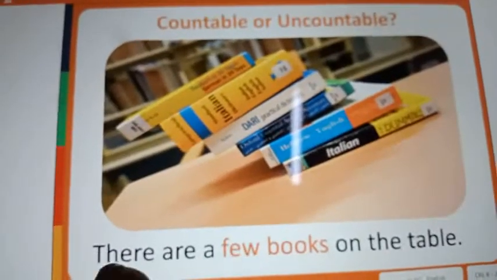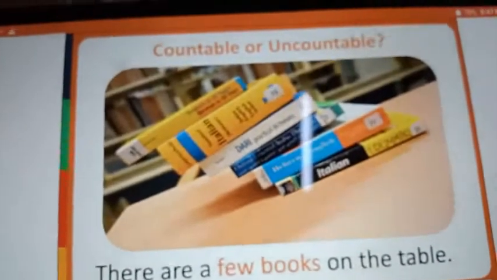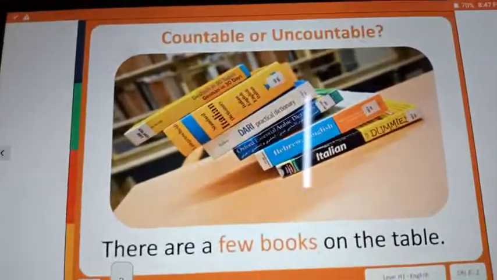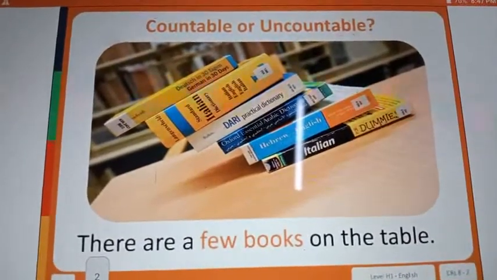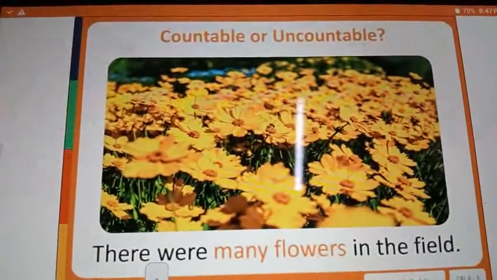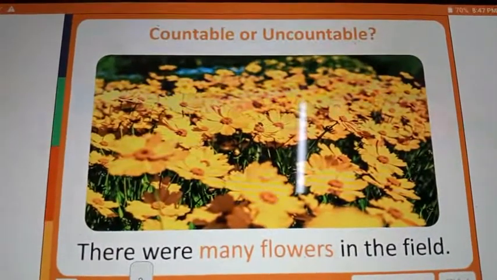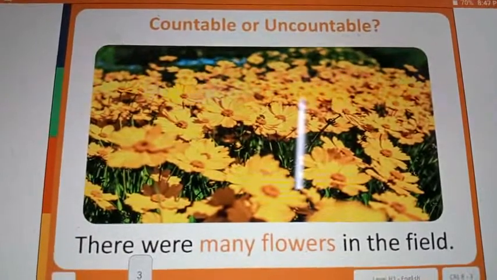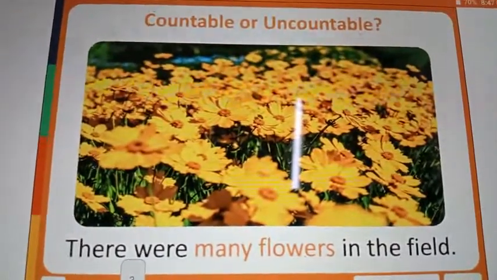See that, my dear children? There are a few books on the table. Is it countable or uncountable? Yes, this is a countable noun. See this? There were many flowers in the field. These are all countable or uncountable? Yes.